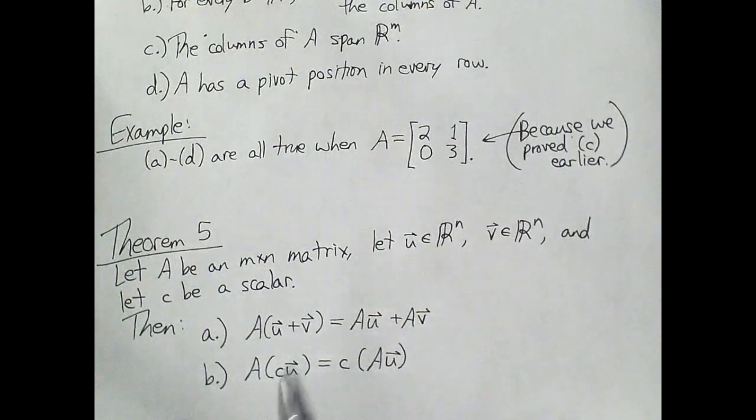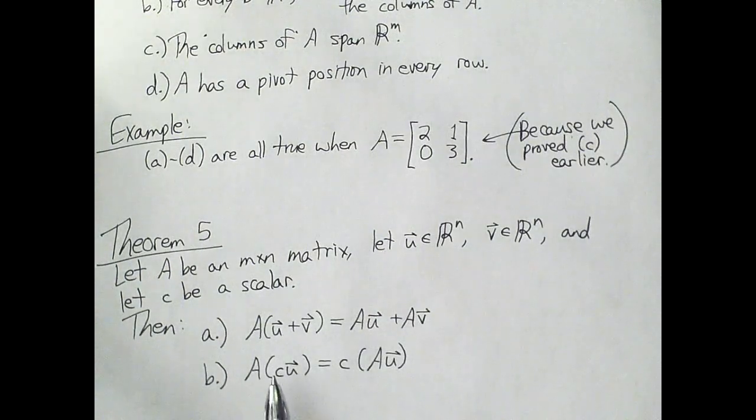We're saying that a matrix times vector multiplication, which we didn't really define until the beginning of this lesson, does distribute across parentheses the way that you would expect it to. You would kind of expect the A to distribute across parentheses. This theorem says it does. What is part B doing?